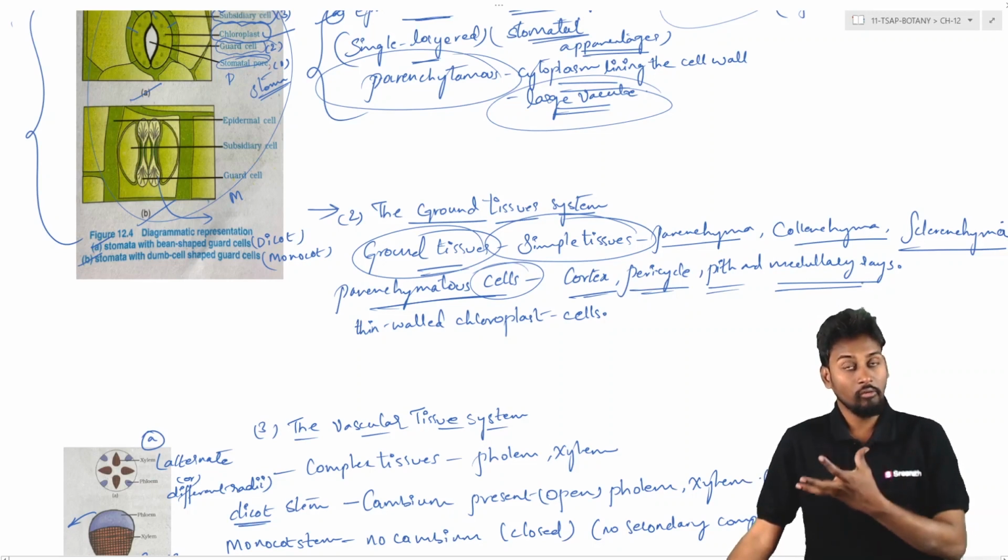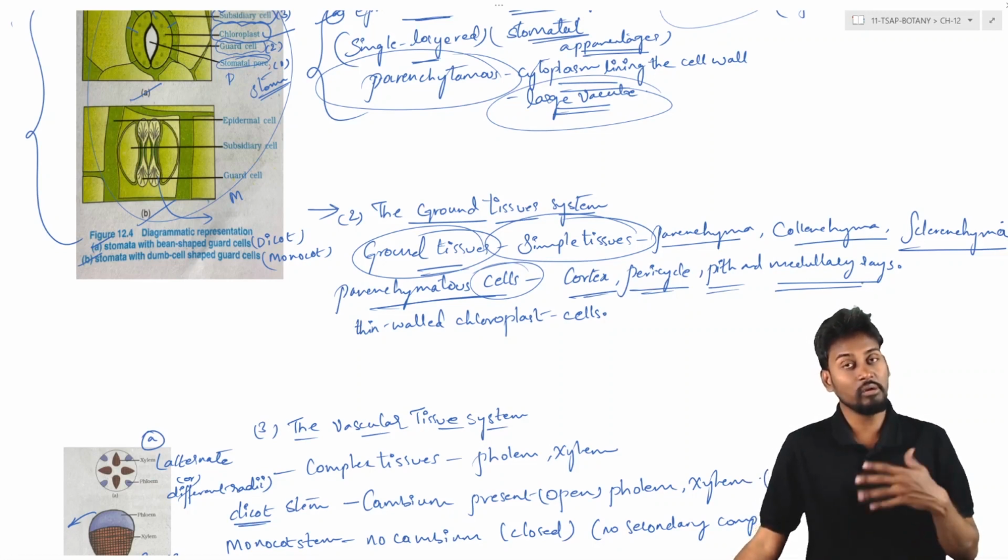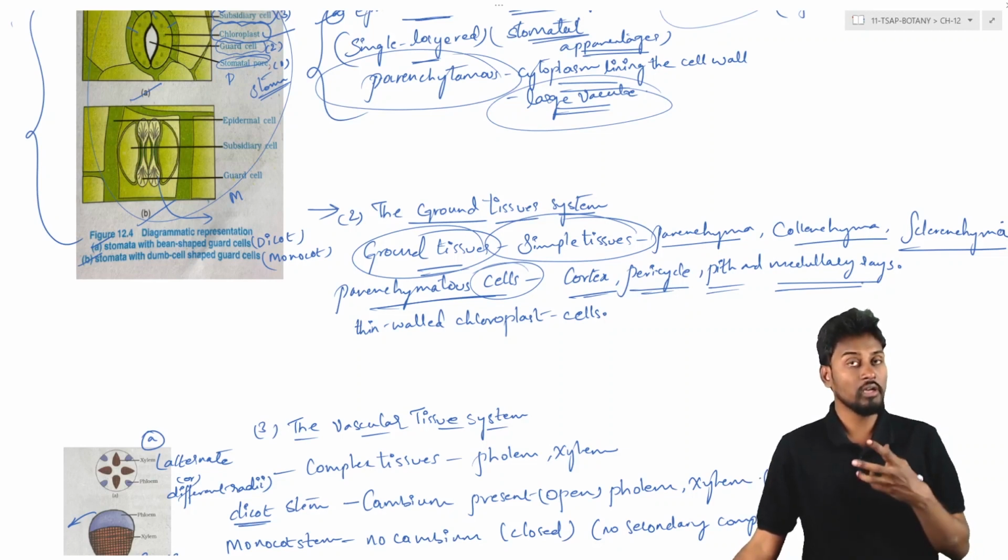So whatever tissue is present between these two compartments is called the ground tissue system. That is, the parenchymatous cells generally form different kinds of tissues within the plant body, like the cortex, pericycle, and medullary rays, which is a structure made up of an arrangement of different kinds of cells in a ray pattern, and also the pericycle.